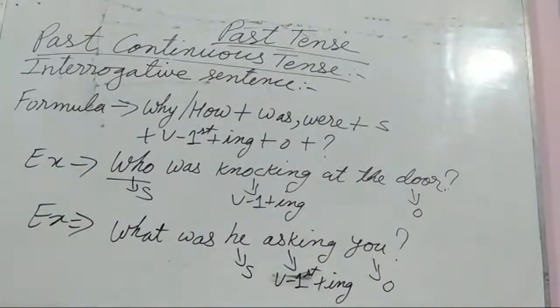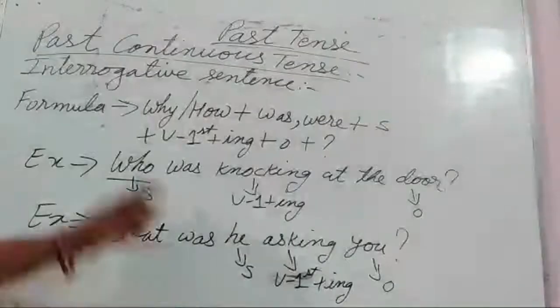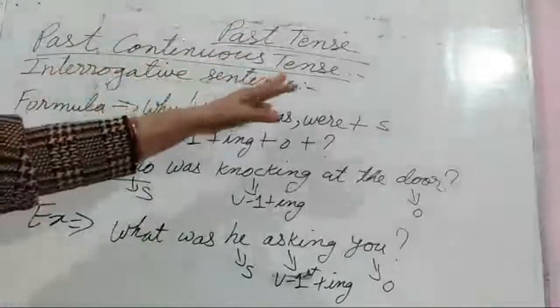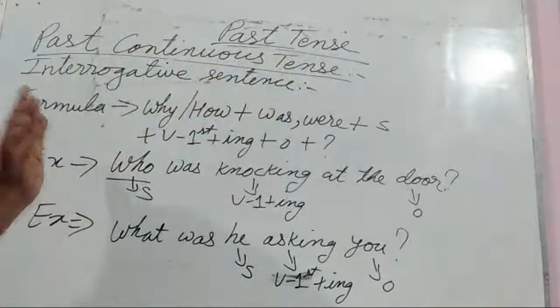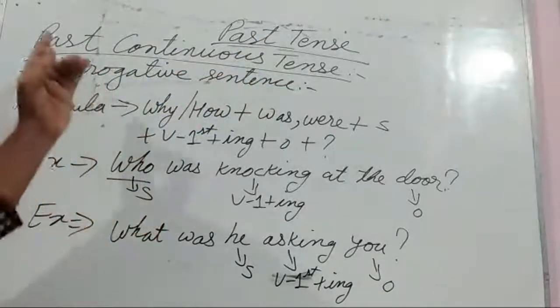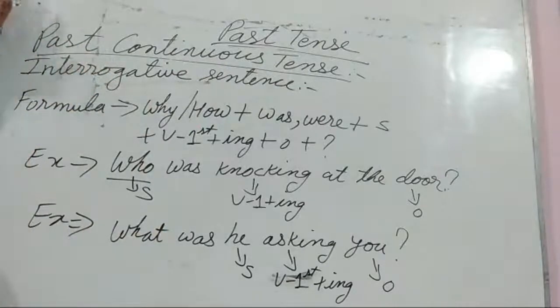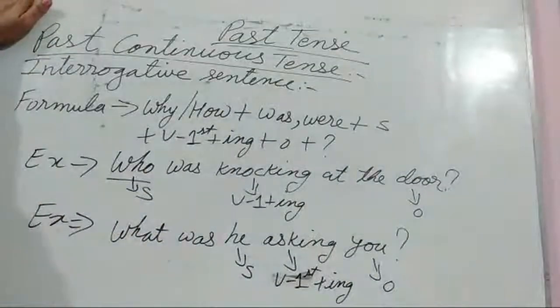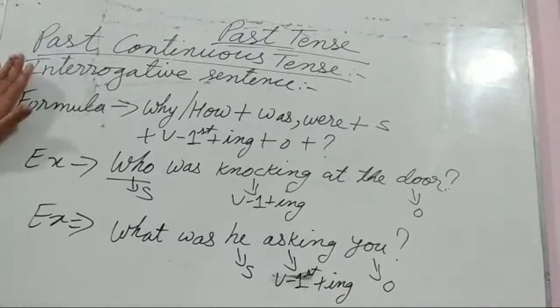Now students, we are going to see the past perfect tense. Here we have completed past continuous tense with the formula and examples of the negative sentence and then the interrogative sentence.